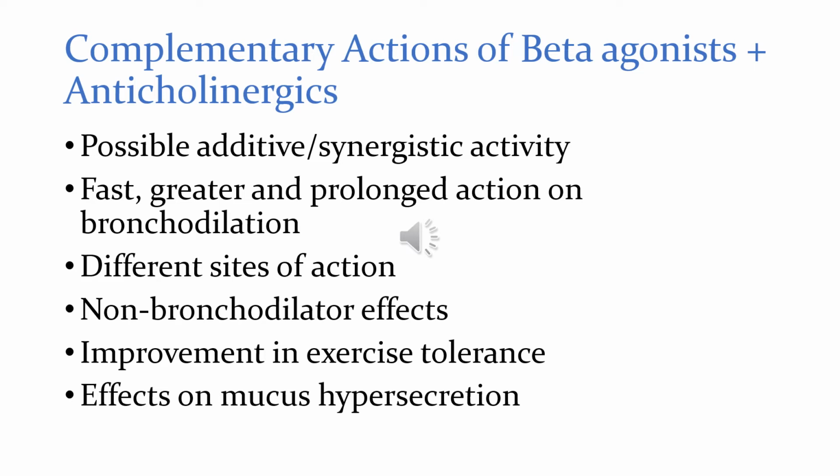Complementary actions of beta-2 agonists plus anticholinergics: possible additive synergistic activity, faster, greater and prolonged bronchodilation, different sites of action, and non-bronchodilator effects, including improvement in exercise tolerance and effects on mucus hypersecretion.